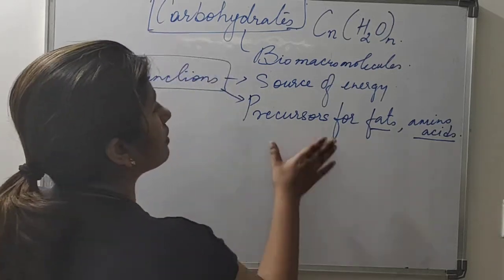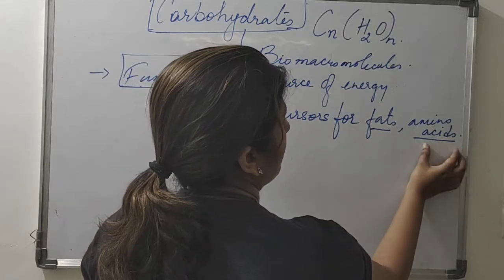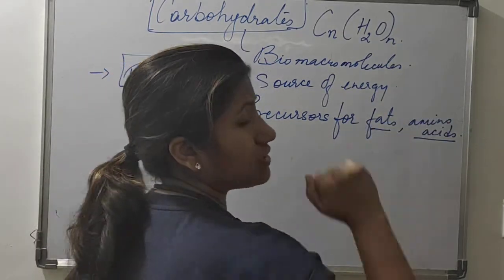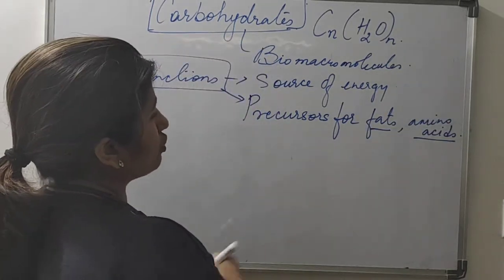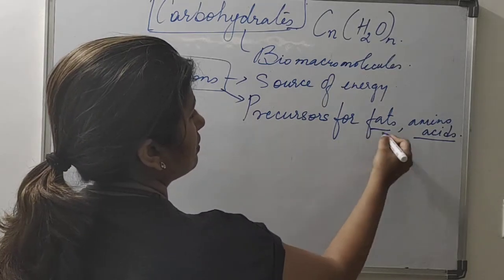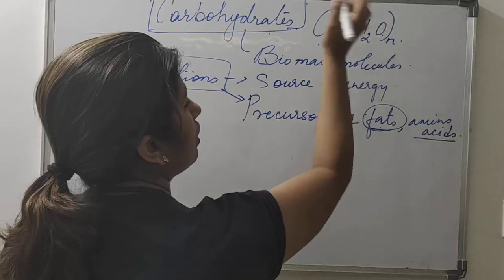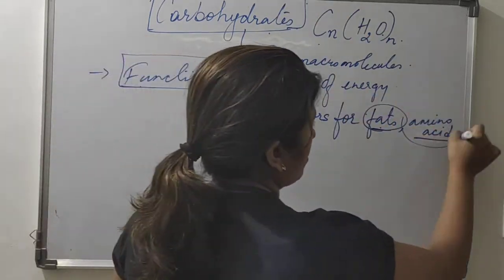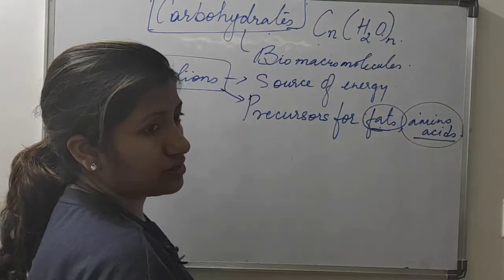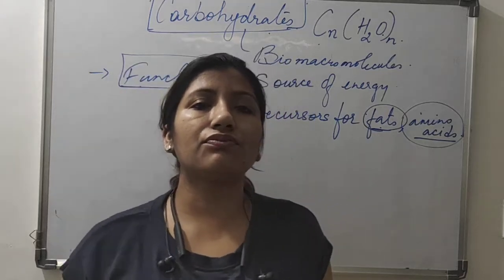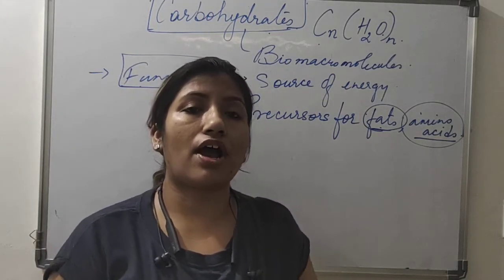Precursor for fats and amino acids means that fats and amino acids are also molecules. Fats are formed by carbon, hydrogen and oxygen. Amino acids are also formed by carbon, hydrogen and oxygen. So ultimately amino acids and fats are formed from carbohydrates only.